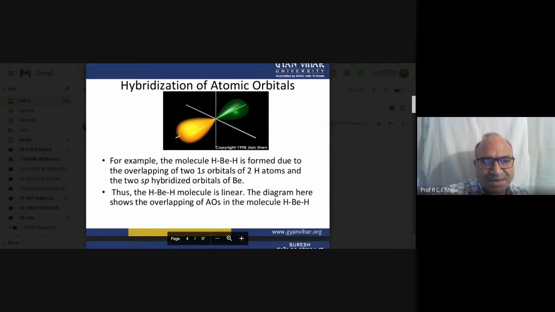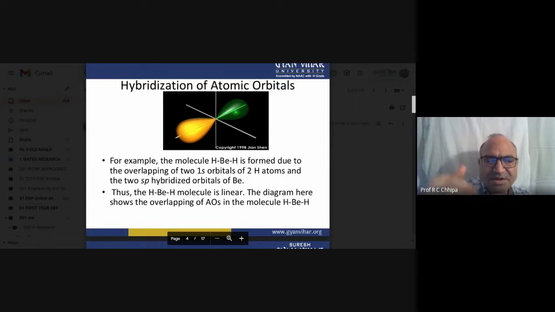These two beryllium atomic orbitals have the electronic configuration 2s1 and 2px1. So this one is the well-known example of sp hybridization. The beryllium electronic configuration in the ground state is 1s2, 2s2.